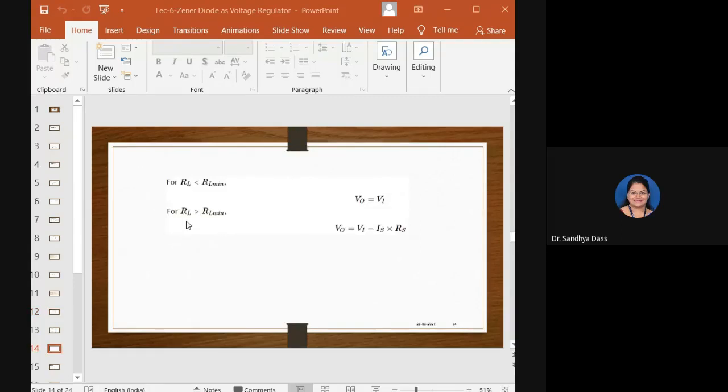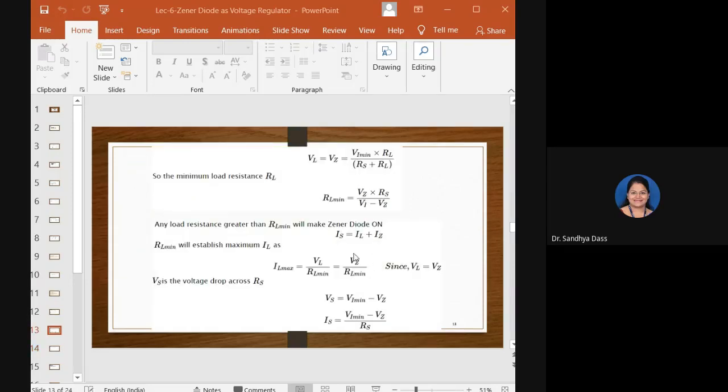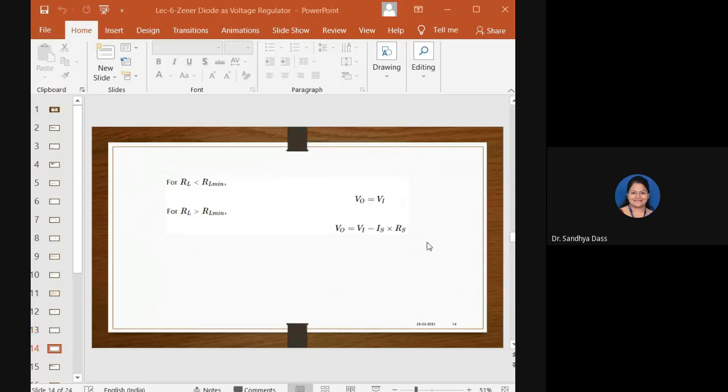Other way around, if RL is sufficiently large to turn on the Zener diode, that is, RL is greater than RL minimum, then the output voltage depends on this equation. We just derived all these expressions, and substituting the different varying parameters, we can note down the regulated output.